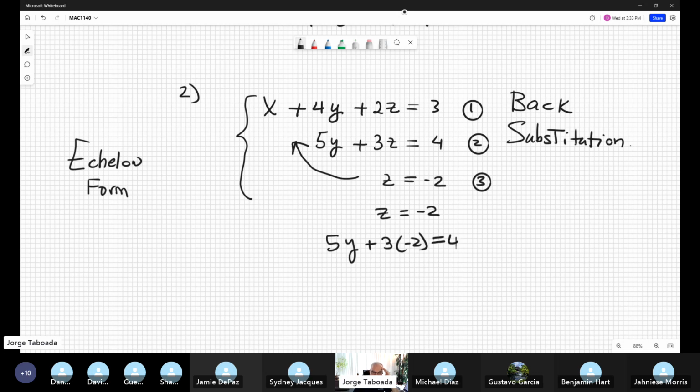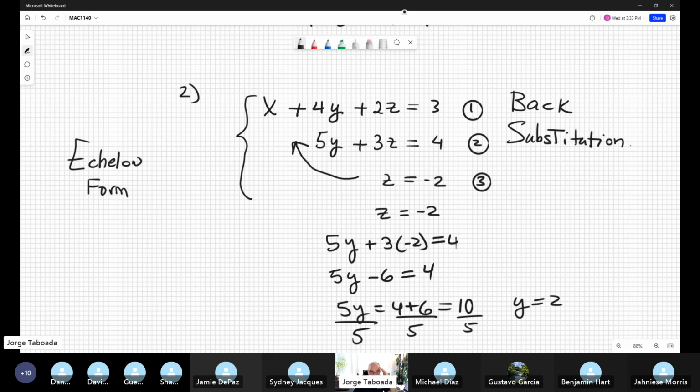I plug it in, c equal -2, in equation number 2. So 5y minus 6 equal 4. 5y equal 4 plus 6 is 10. Divided by 5, both sides, y is 2.